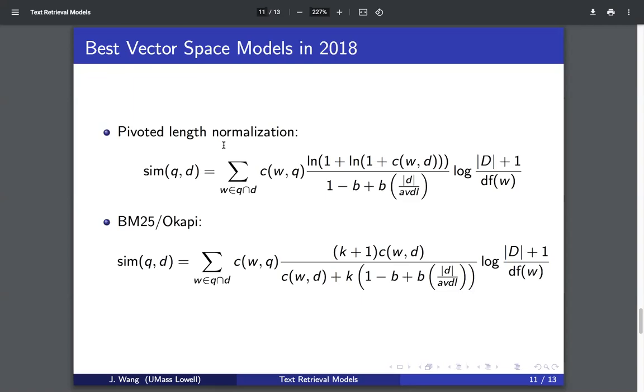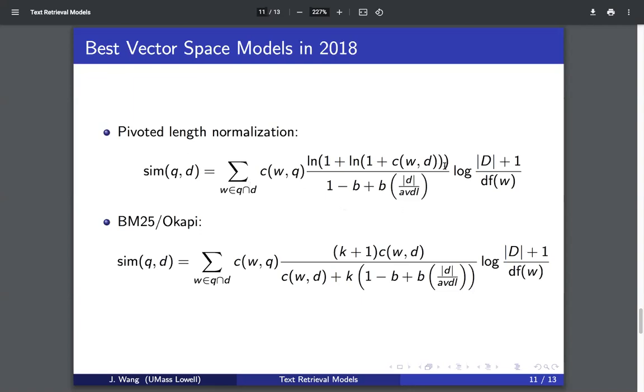So then we put these things together, we come up with two similarity measures. And these two are now commonly used in all search engines. One is called pivoted length normalization.